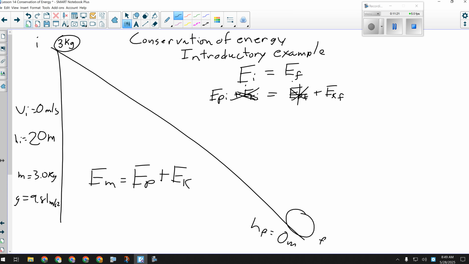Do I have formulas that calculate potential and kinetic energy? Those you also learned yesterday. The potential energy of an object, and we've been using this formula for a while already, is mass times gravity times height.